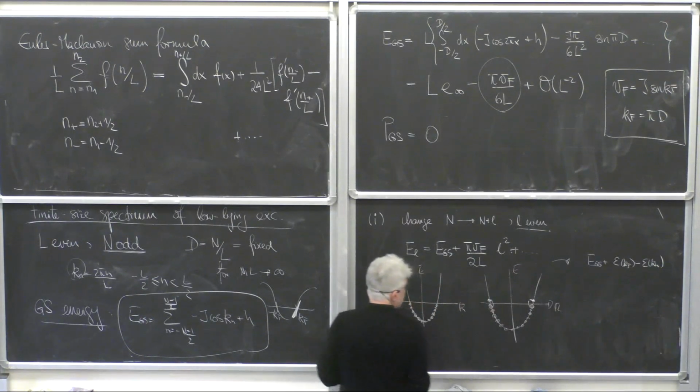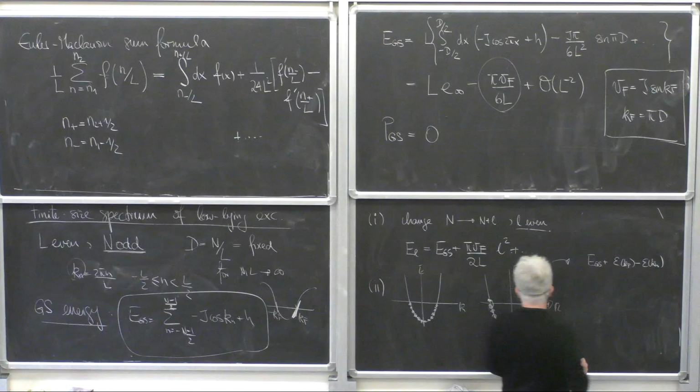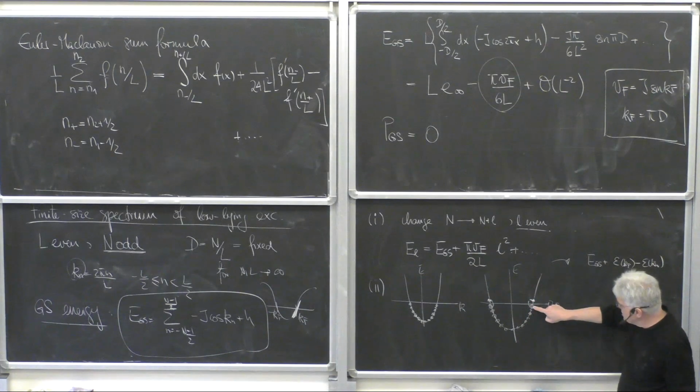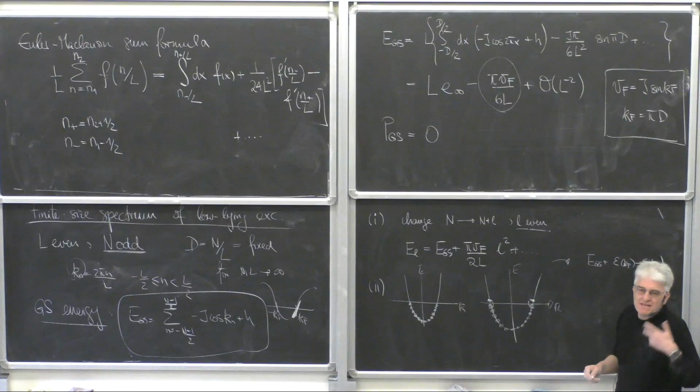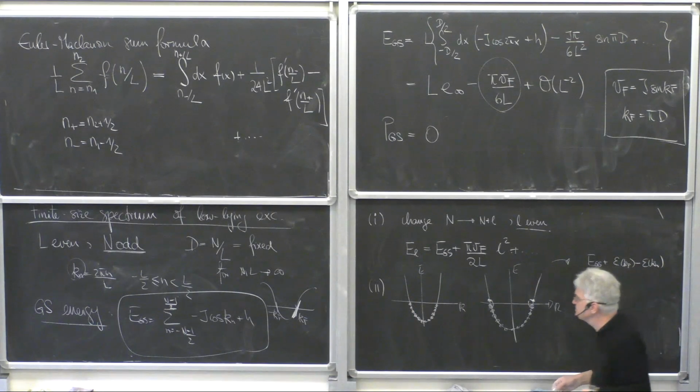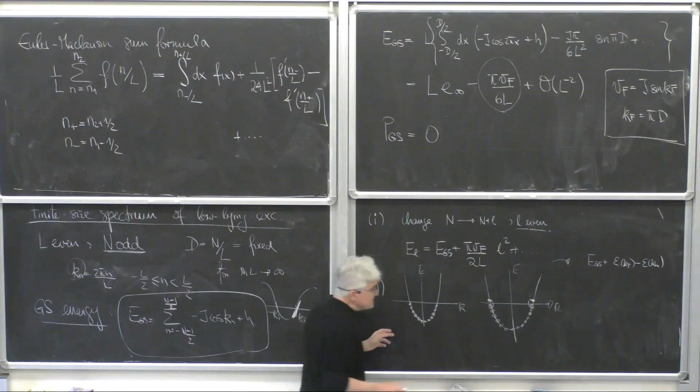The momentum of such excitations is quite small, because you go from here to here, so the momentum should be something like 2 pi over L or whatever. But I can make another type of excitation.